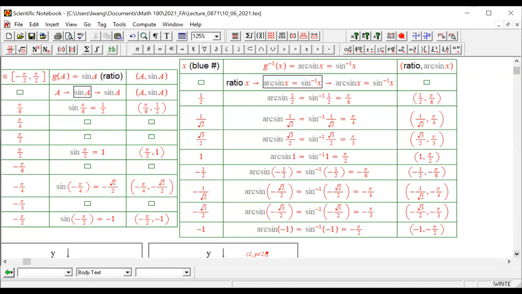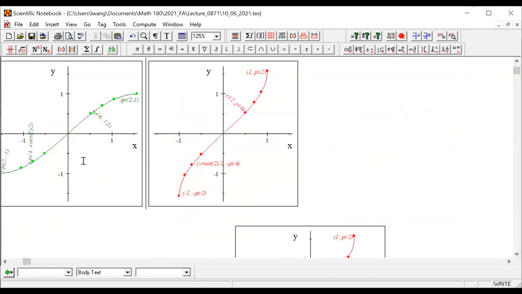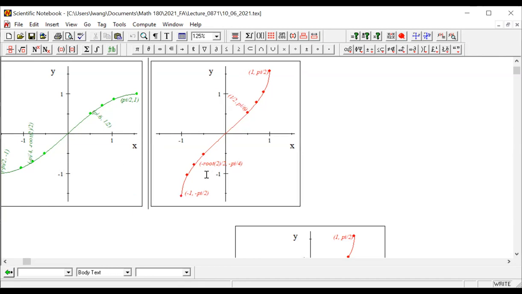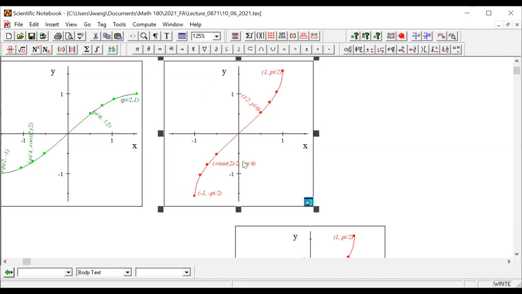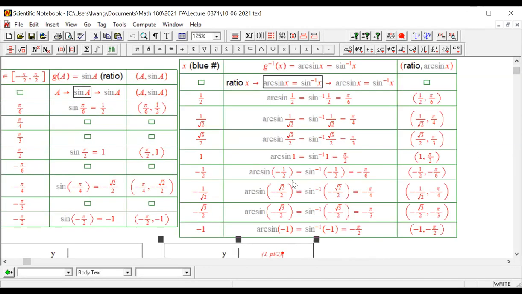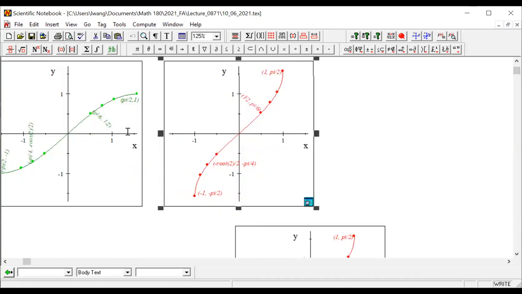All right. So now what I'm doing here is that this is for sine, the restricted sine, or one-to-one version of sine, and the other one is its inverse. I plotted some points there, and I want you guys to plot the rest of the points on the dots.